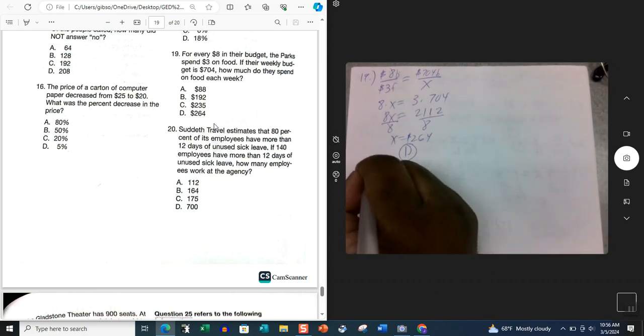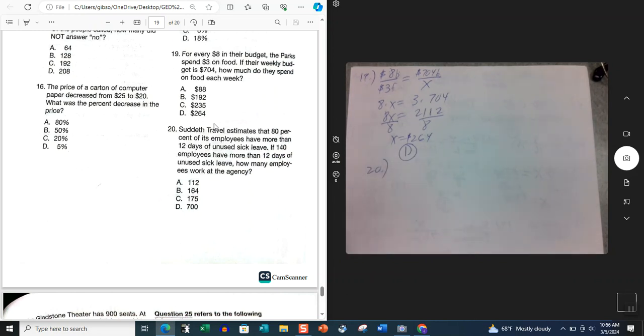Okay, problem number 20. All right, it says, Sutter Travel estimates that 80% of its employees have more than 12 days of unused sick leave. If 140 employees have more than 12 days of unused sick leave, how many employees work at the agency? Now it says it estimates that 80% of its employees have more than 12 days of unused sick leave.